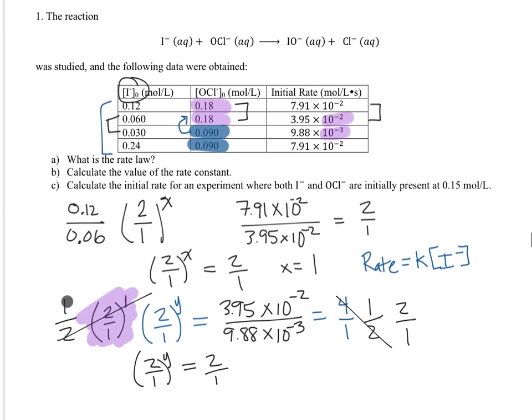Now we can see that the hypochlorite ion is directly proportional to the initial rate change, so we can see that y equals 1, and now we can modify our rate law to include a first order hypochlorite ion, which is how you find the rate law for a set of data that does not have a consistent chemical.